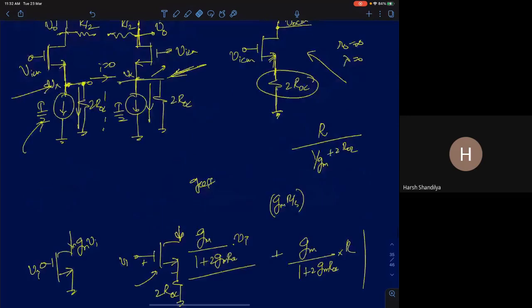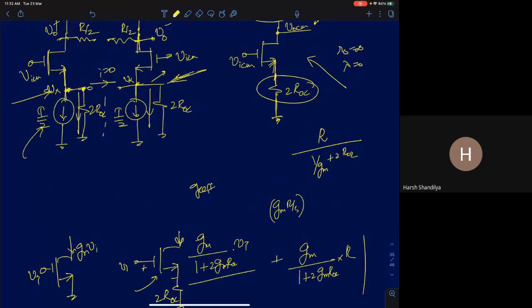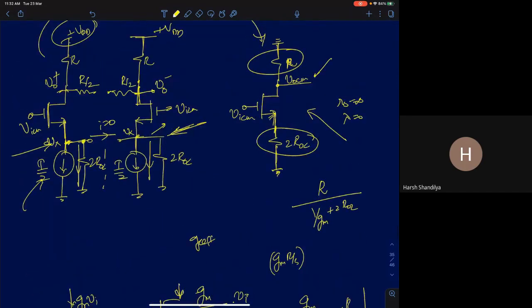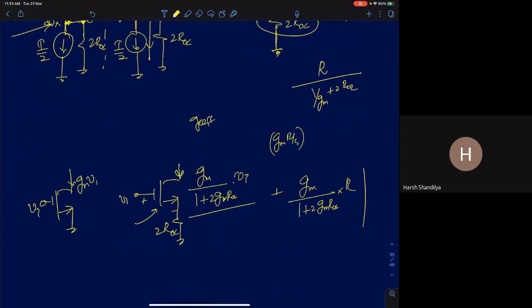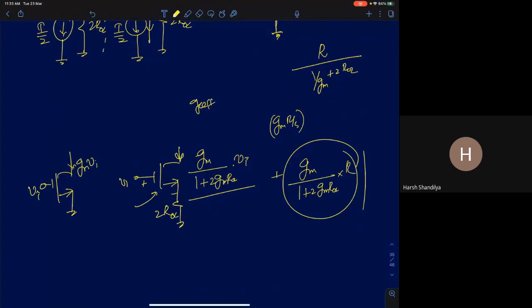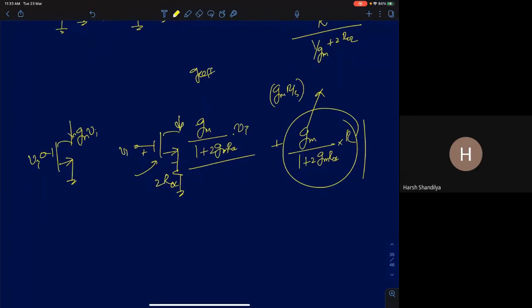So now if you see, as a designer, if you want to reduce the common mode gain, what will you do to this current source? What kind of a current source will you prefer? If you want to reduce your common mode gain, look at this expression. What can you do? See, generally GM is decided by your increase, ROC, right?